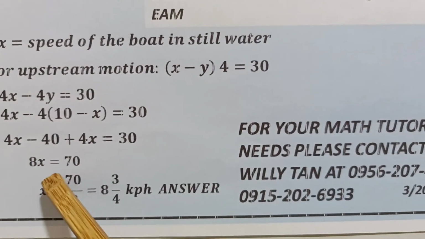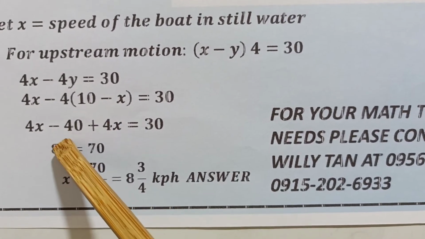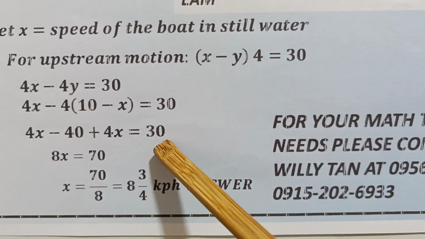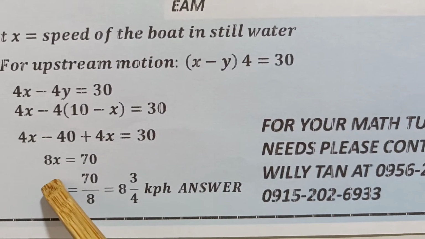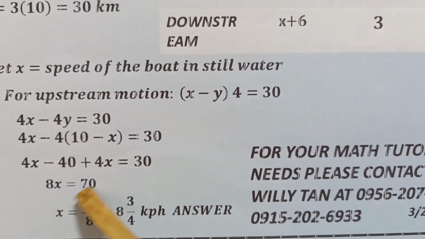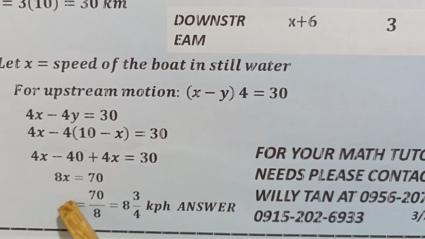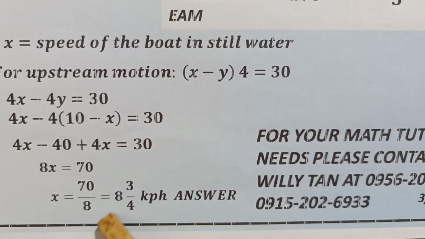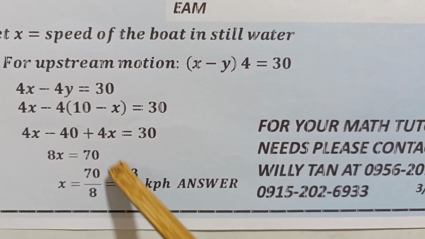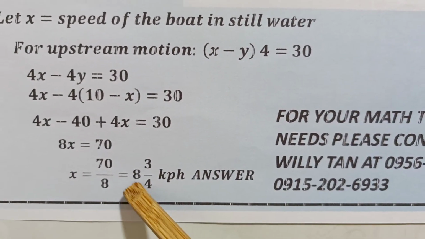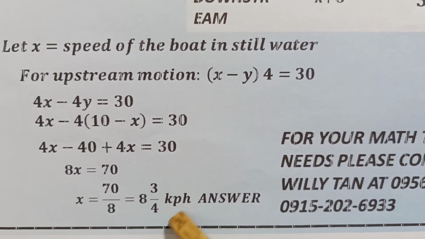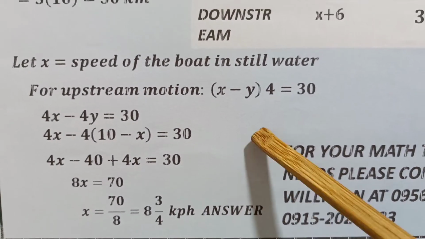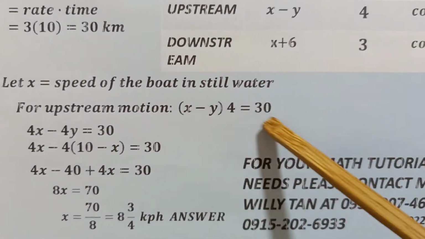Negative 40, and then we add 40 to both sides of the equation, we get 8x is equal to 70. We divide both sides of the equation by 8. We get x is equal to 70 over 8, and we reduce this to lowest terms, we get 8 and 3/4 kilometers per hour. So this is the speed of the boat in still water.